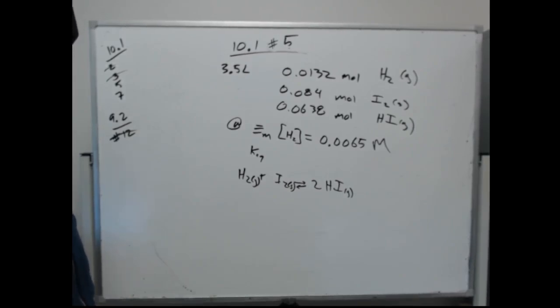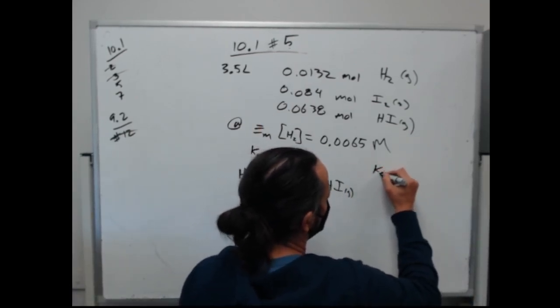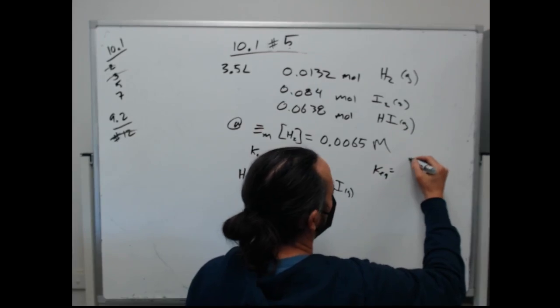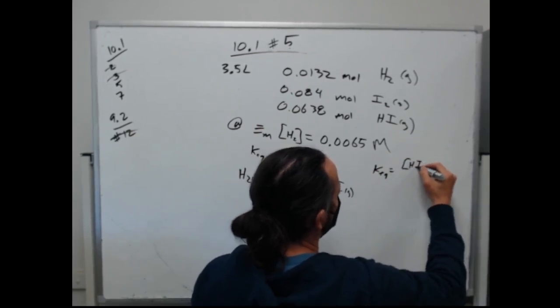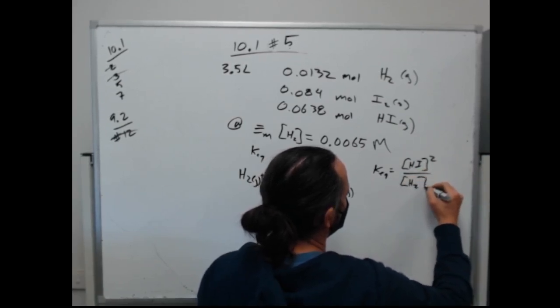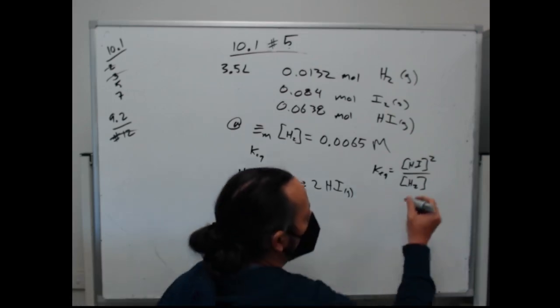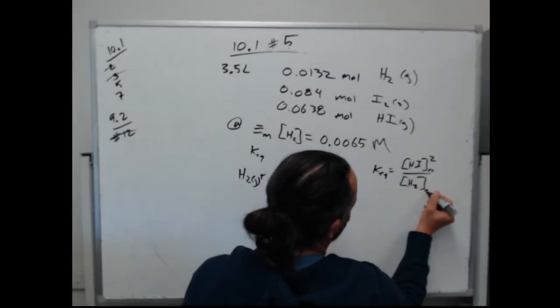So, we know that at equilibrium, this is going to be the concentration of HI squared over H2. Does the I2 matter? No, because it's a solid, so it's not going to be active in the reaction equilibrium. Yeah. Still matters that we have enough of it, but so we need to get these values at equilibrium.